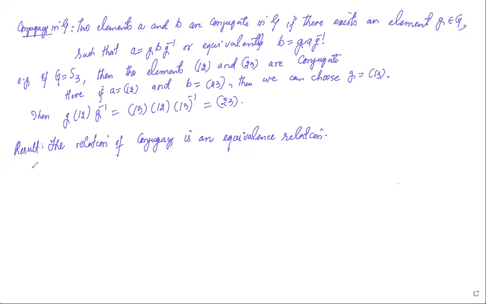Now this can be easily proved. So we write a proof here. To show that the relation of conjugacy is an equivalence relation, we have to show that the relation is symmetric, reflexive, as well as transitive. So first we show the relation is reflexive.